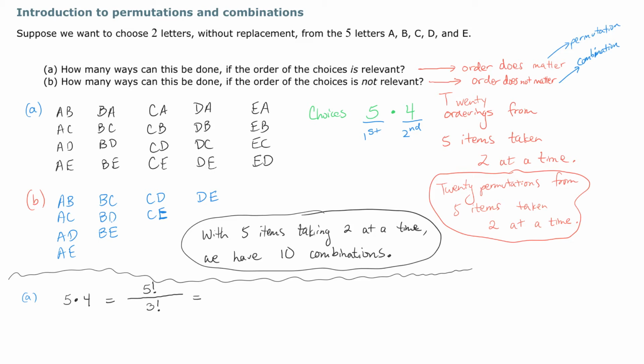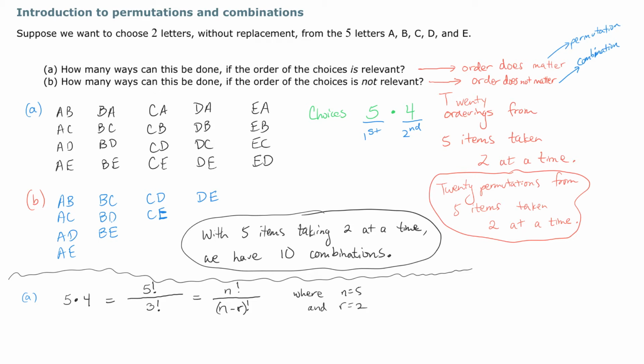Which is another way of saying n factorial over n minus r factorial, where n is 5 and, neat parentheses there, r is what? 2.